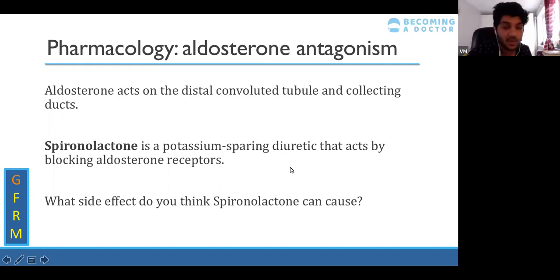Excellent, hyperkalemia. So if we remember, aldosterone kicks out potassium. If we antagonize that, it means we no longer have potassium exiting the body into the urine, and therefore you can get high levels of potassium in the blood, in the plasma. Anyone know what problems that might cause? It might be a bit of a tough question.